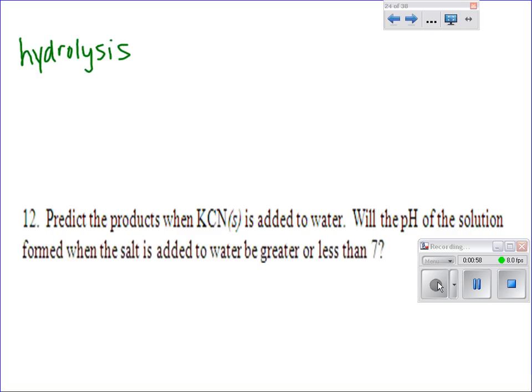So for instance, we'll use this example, KCN, okay? When I dissolve that in water, what ions does it dissociate into? K+. Now the process of dissociation for any of these that we're doing, the things we're doing hydrolysis for are 100% soluble.